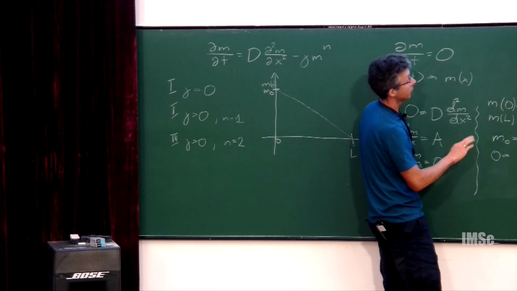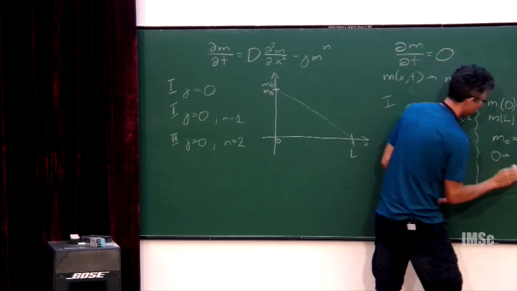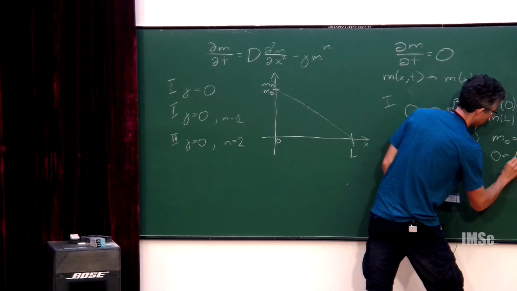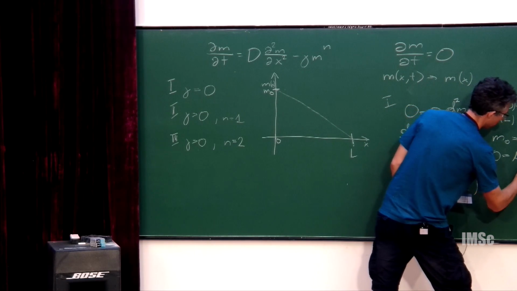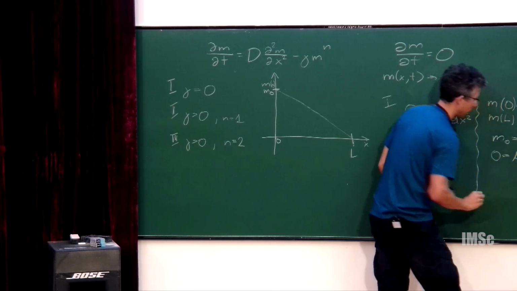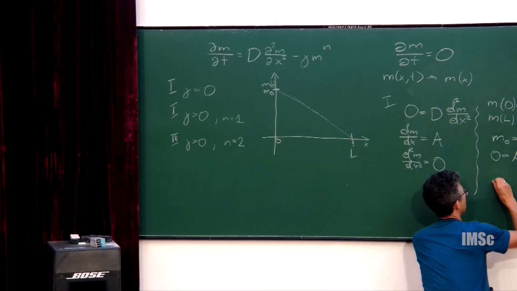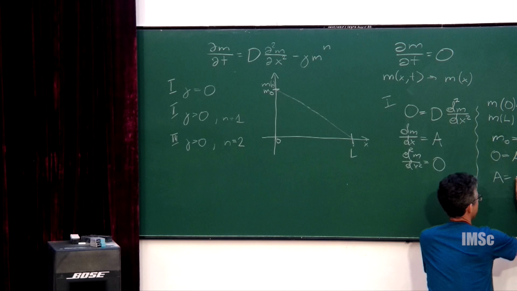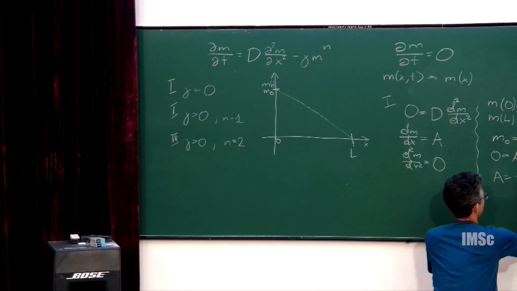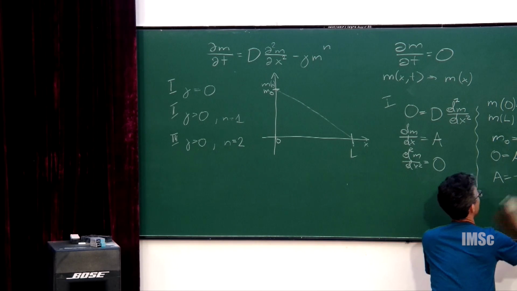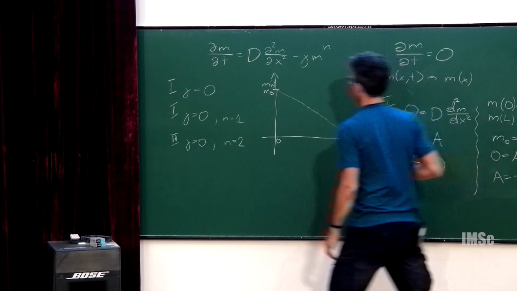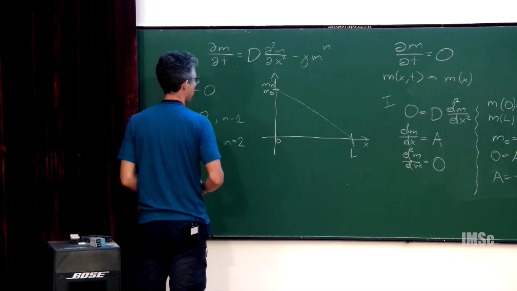If at some point here, I think everything is clear, again, we are warming up, just let me know. So from this, A is equal, so we got our solution for this first case.